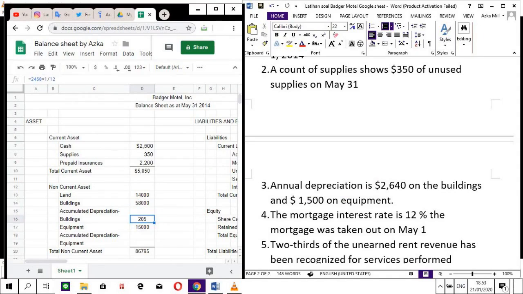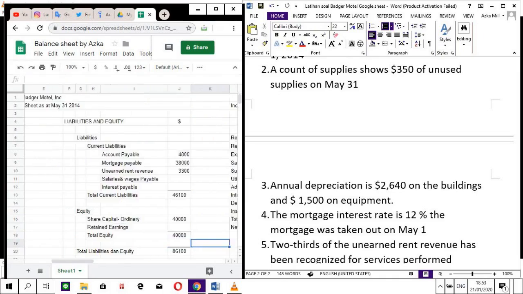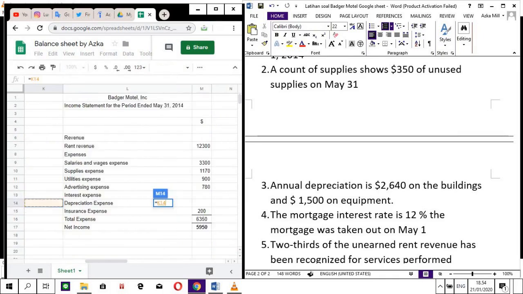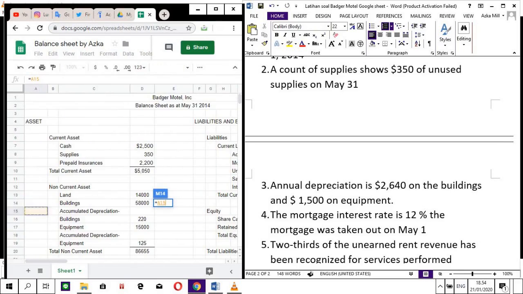The equipment and the building are depreciated for 1 month, so we divide the annual depreciation by 12, and adding both, we record accumulated depreciation and depreciation expense.